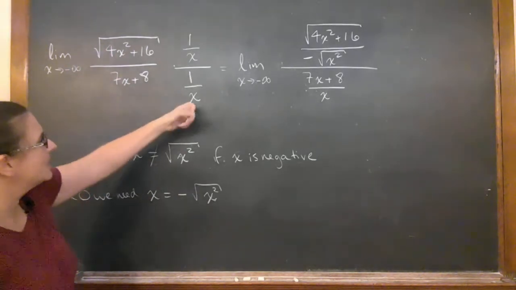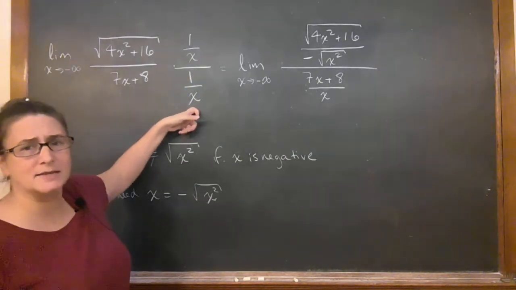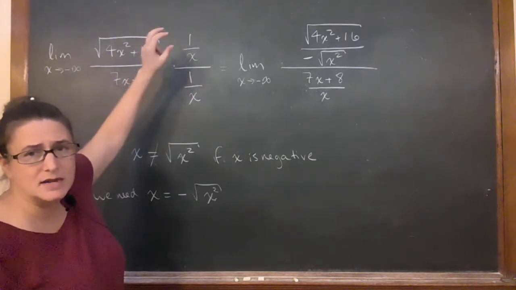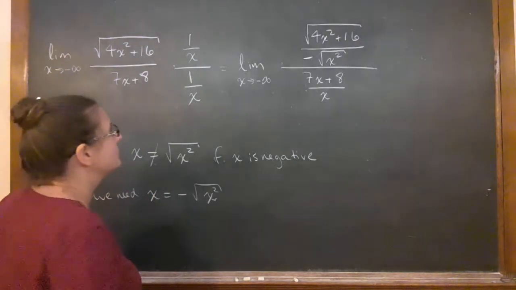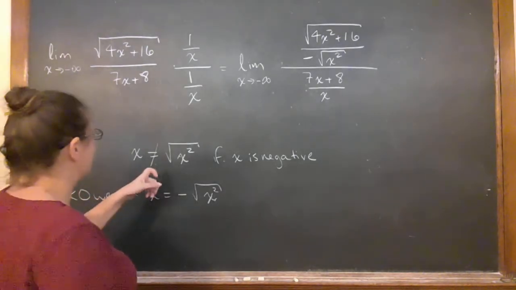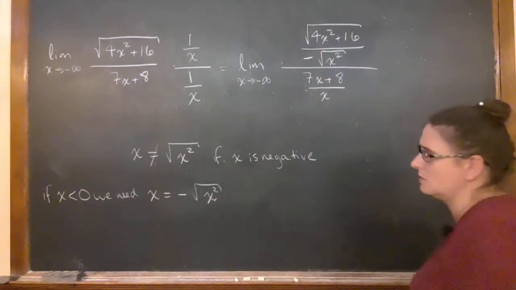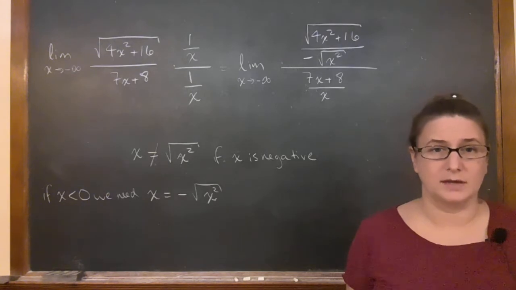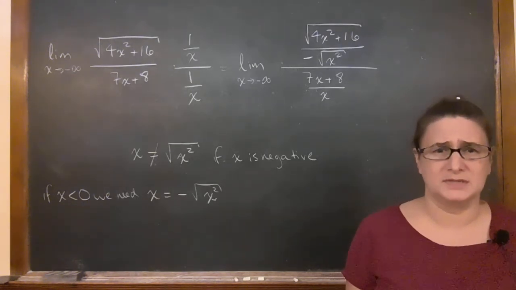Now when I multiply by this, in this form, it doesn't matter if x is negative or positive because I'm multiplying by 1. It's the same thing on the top and the bottom, so the negative will cancel out. The reason you have to put it in explicitly is because of the square root. That would be true for any even root, like the 4th root or the 6th root.